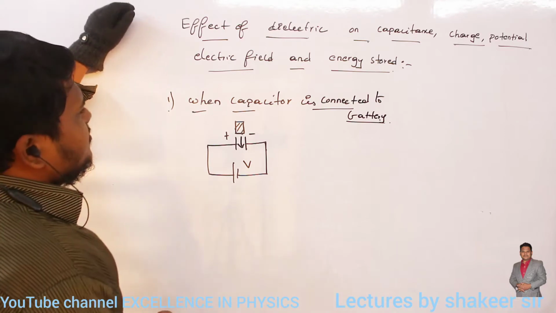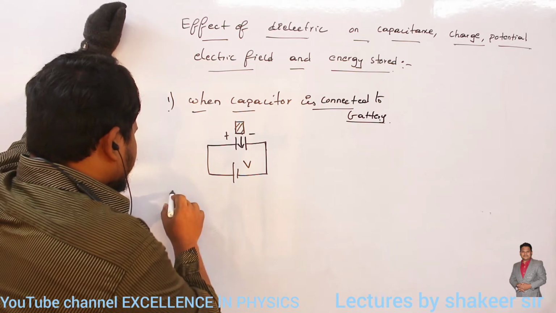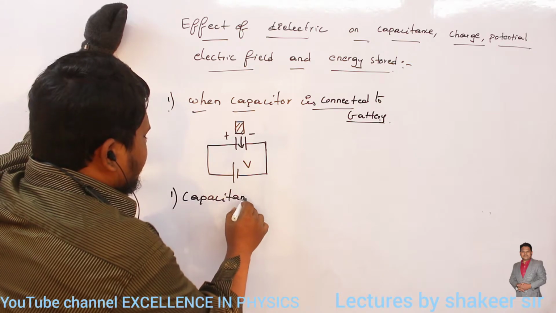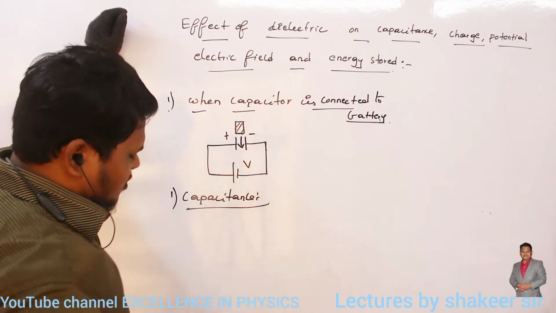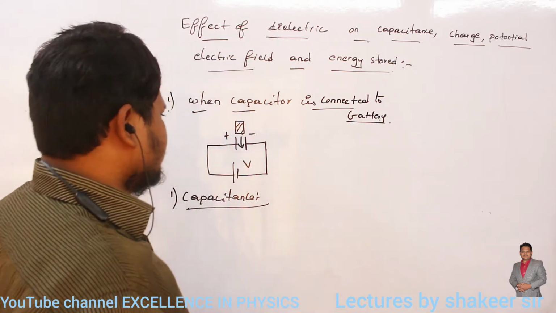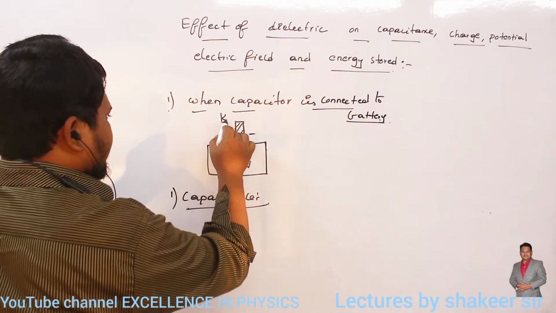The first parameter which we will study is capacitance. Can you say what happens to capacitance if I insert a dielectric whose dielectric constant is K?